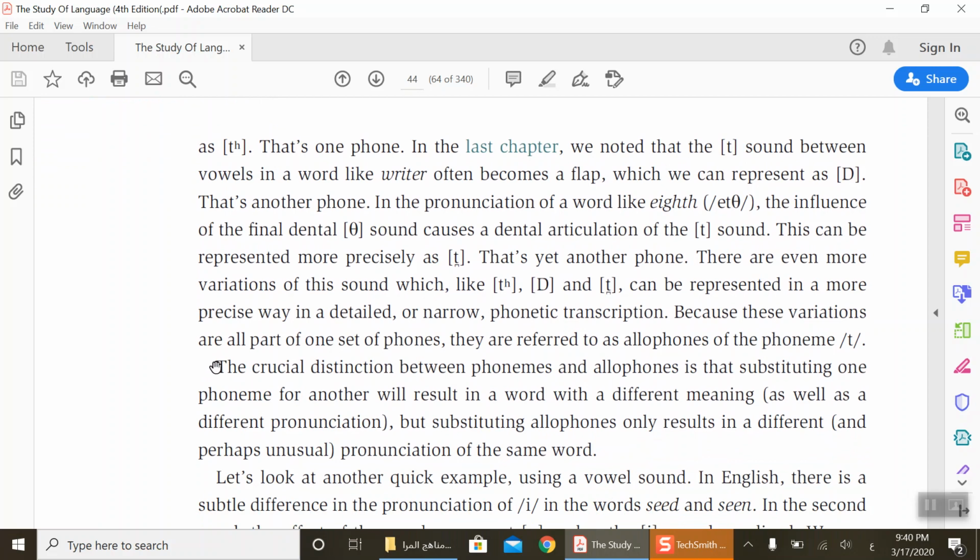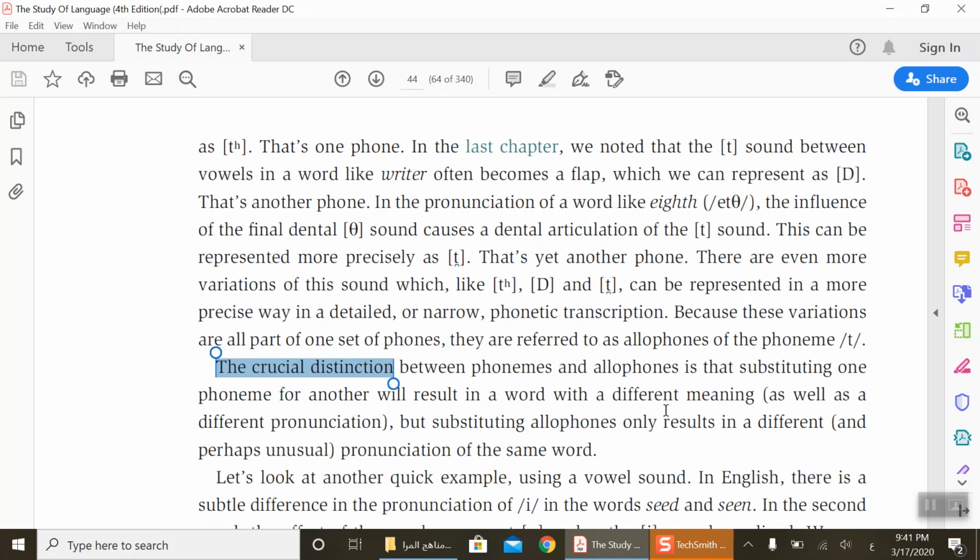We have an important point here, the crucial distinction between phonemes and allophones. What is the difference between phonemes and allophones? Substituting one phoneme for another, as I just said, when you change one phoneme into another, when we have different phonemes, will result in a word with a different meaning.